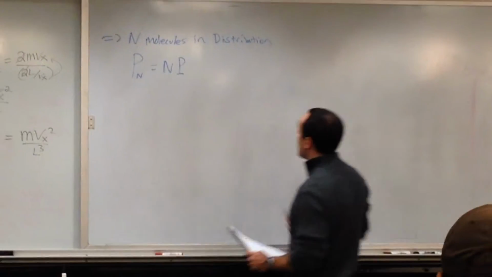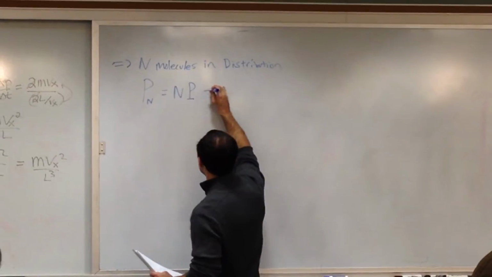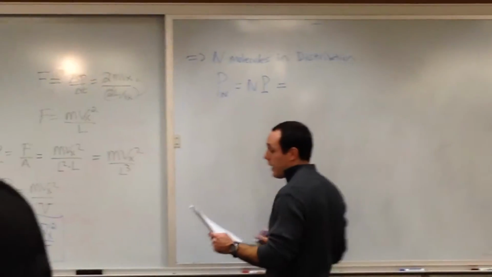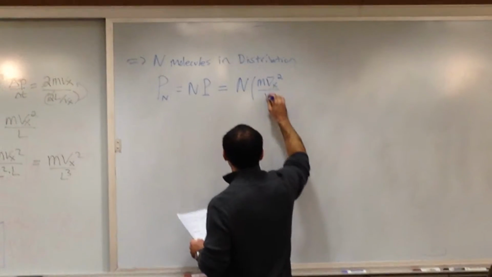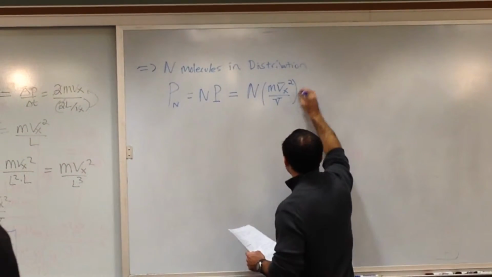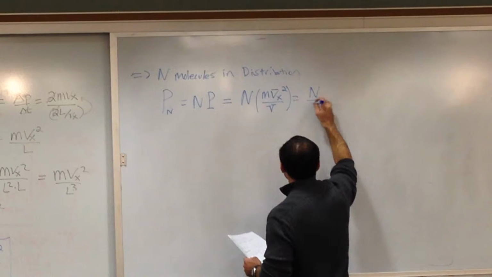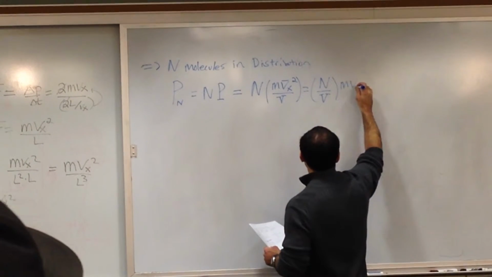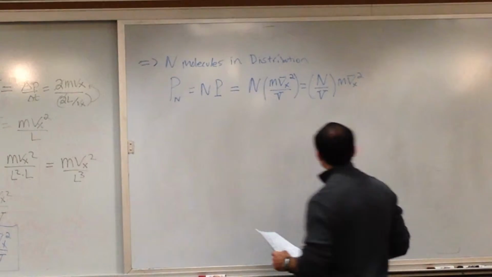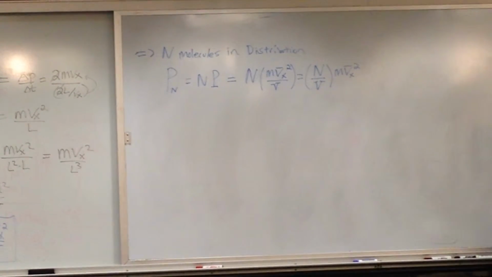So now, the pressure due to n molecules in this distribution, still solely only looking at the x direction, just becomes n times that pressure, so n times m, the average x velocity squared, divided by the volume, or let me rewrite this as n divided by the volume of the container times m, velocity in the x direction, squared, average.